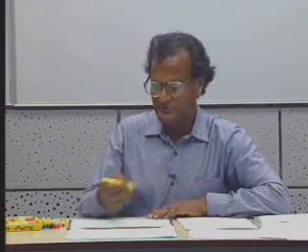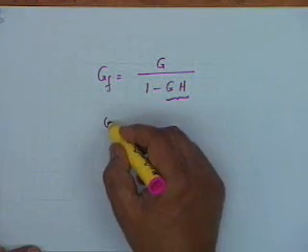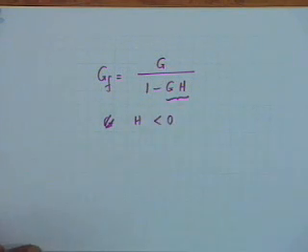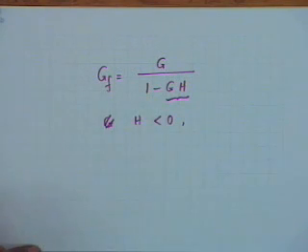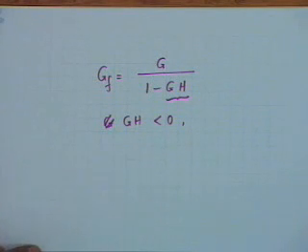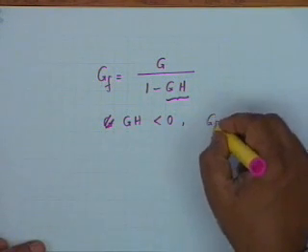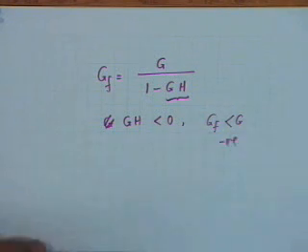For example, suppose G and H are real quantities, and suppose H is negative. Let us say H is less than 0. Suppose GH is less than 0, the product GH is less than 0. Then obviously, if G and H are real, then GF shall be less than G, and the feedback shall be negative feedback, because the gain is reduced.